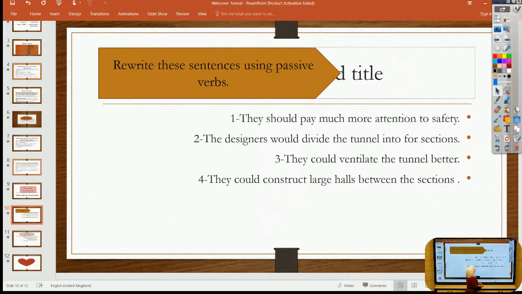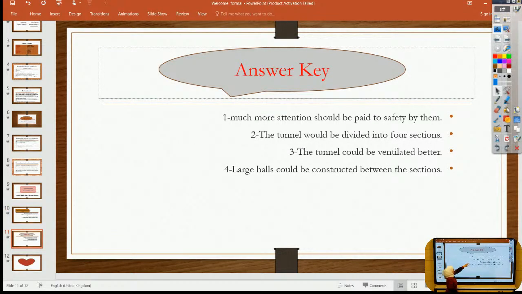So my answer will be: the tunnel would be divided into 4 sections. I repeat, the tunnel would be divided into 4 sections. Okay, let's check the answer. Notice here: the tunnel would be divided into 4 sections.